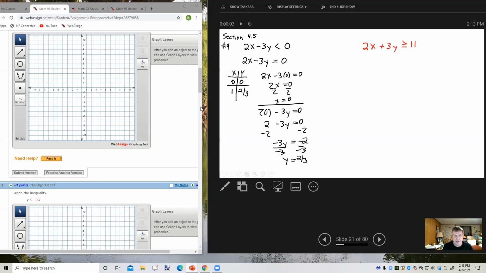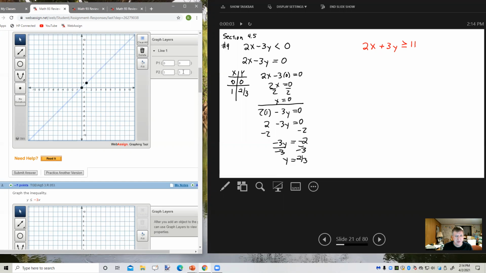Okay, so now let's take the 2 points that we've got, 0, 0, and 1, 2/3. Now, when I try to graph 1, 2/3, it didn't go onto 2/3, it moved up to 1, 1, so I'm going to come over here, and my first point is 0, 0.